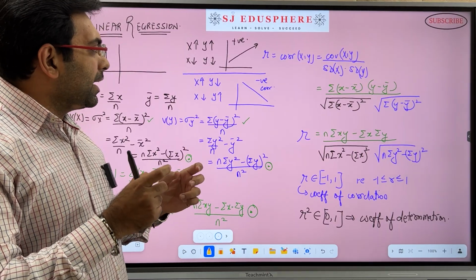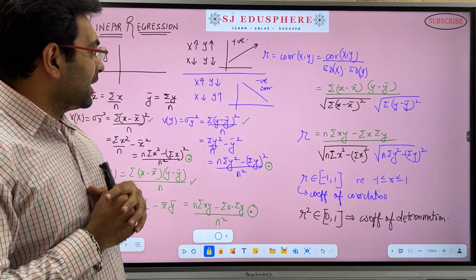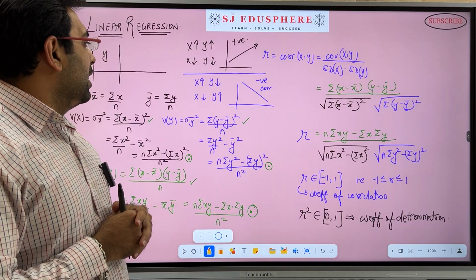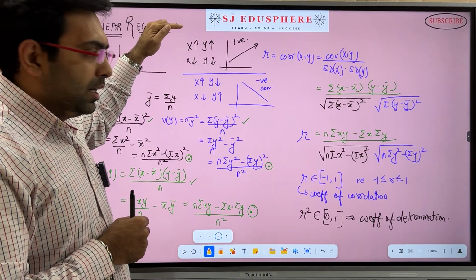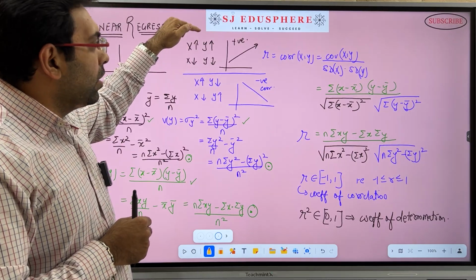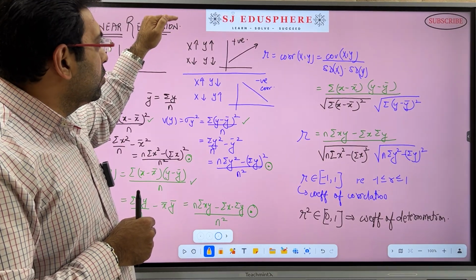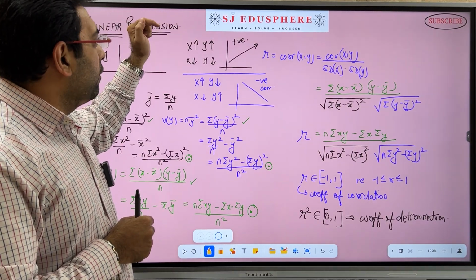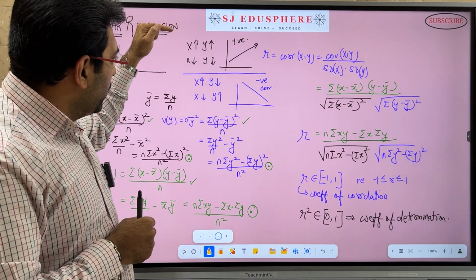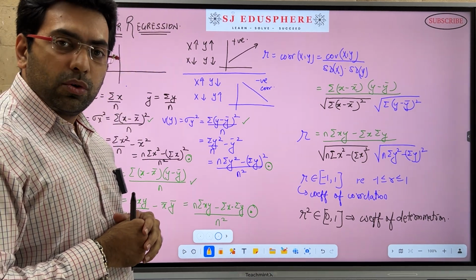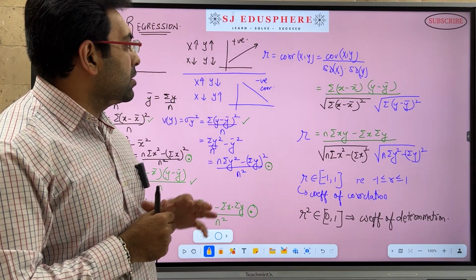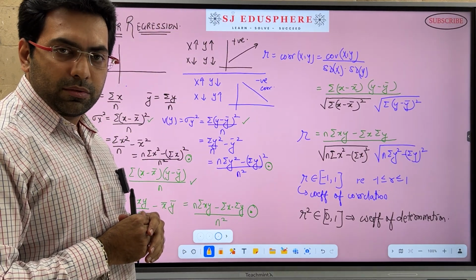Okay, these are common examples. But can I say that when the temperature goes higher, the sale of cold drinks goes higher? When temperature goes higher, the sale of ice creams goes higher. When my dollar rate goes high, my crude price goes up. These are examples of positive correlation.